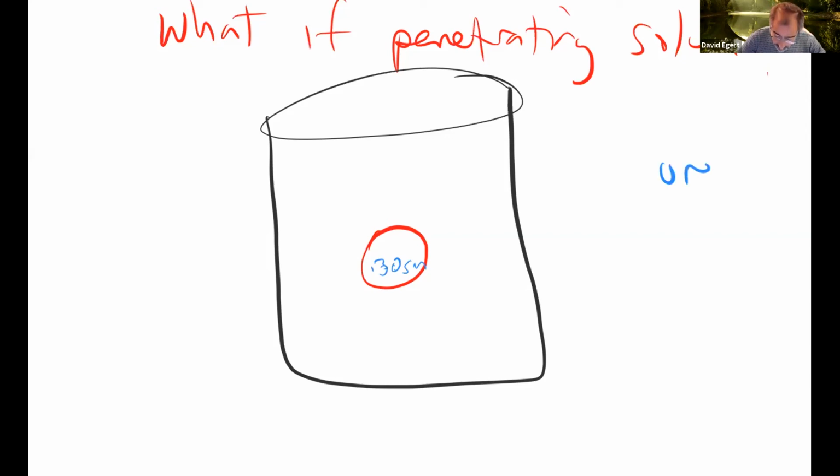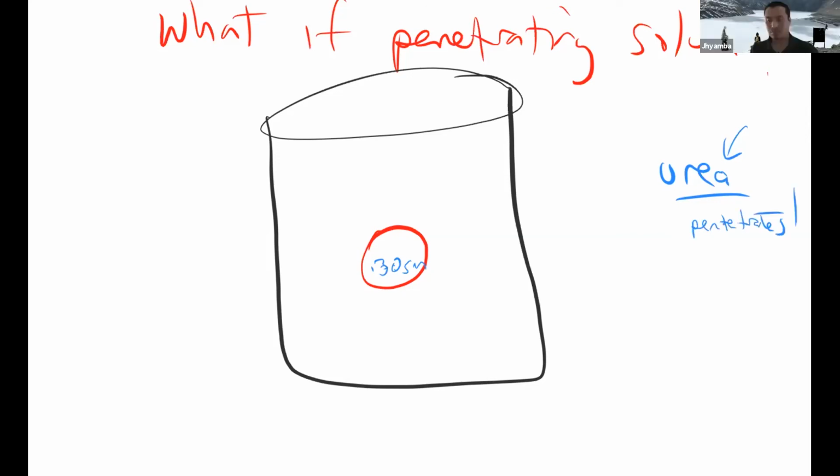Urea is going to be penetrating because it's polar, but it's very small. So I'll be clever here and use yellow for 0.3 osmolar urea.